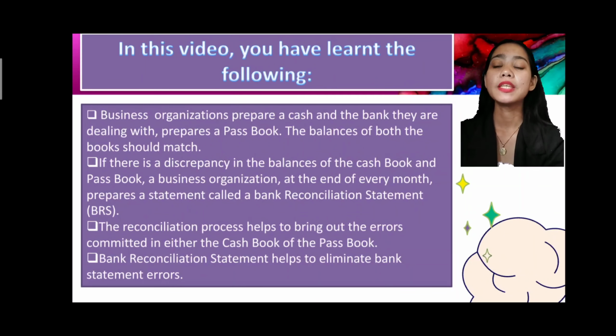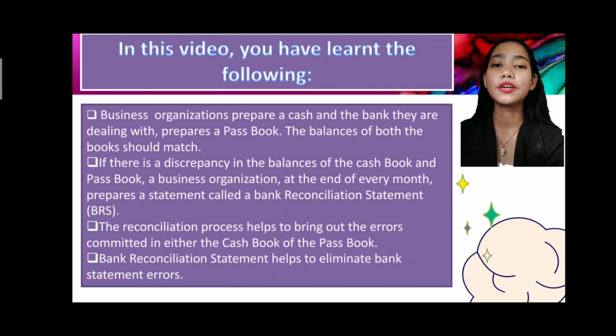First is, business organizations prepare a cash book and the bank they are dealing with prepares a passbook. The balances of both the books should match. Next is, if there is a discrepancy in the balances of the cash book and passbook, a business organization at the end of every month prepares a statement called a bank reconciliation statement or BRS.